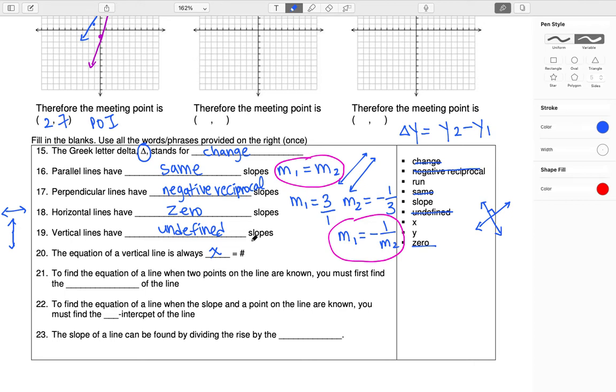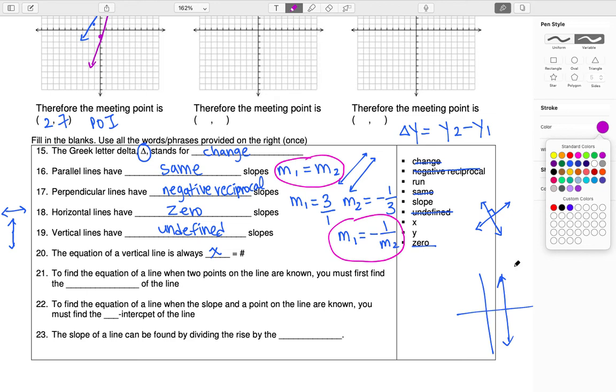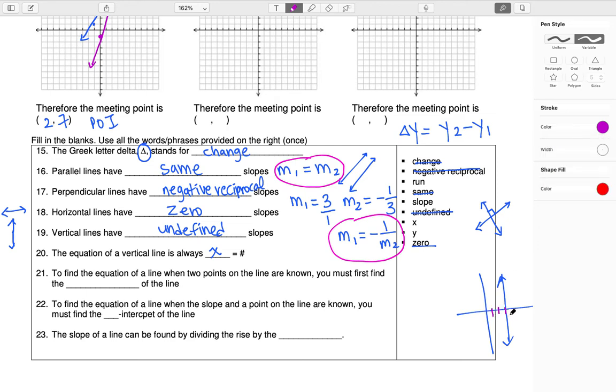For example, if I have a grid here and a line that goes like this and crosses the x-axis at 3, the equation of this vertical line is x is equal to 3. That's what it means for number 20.